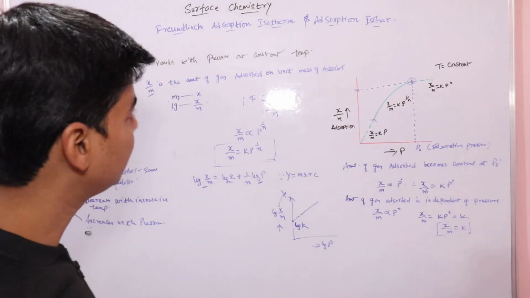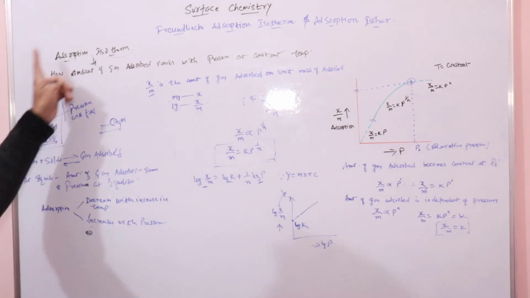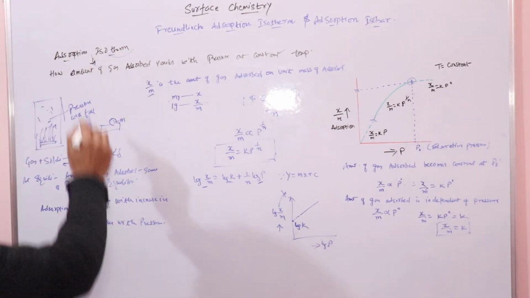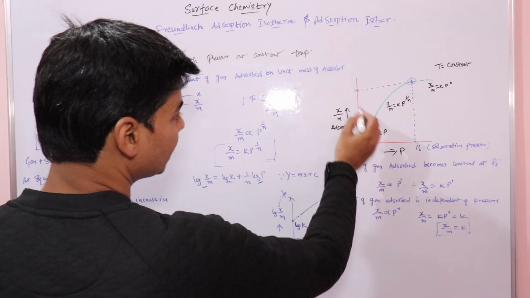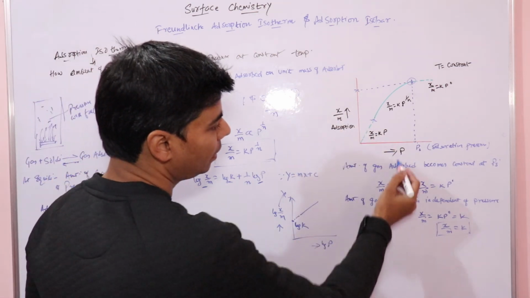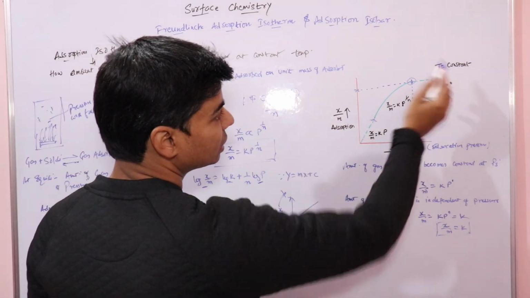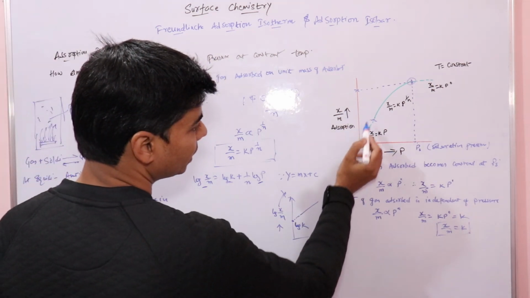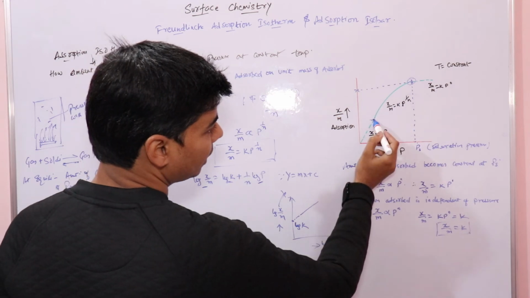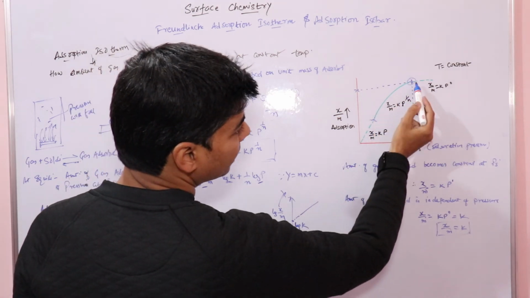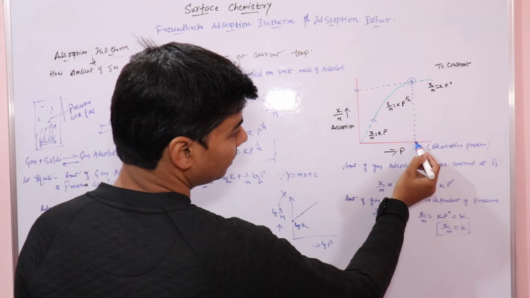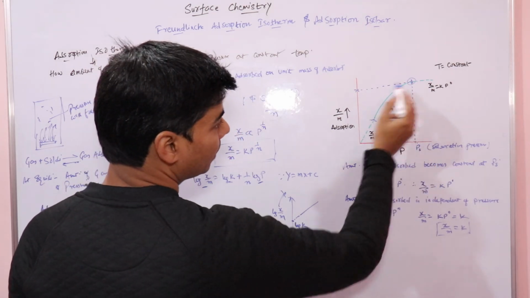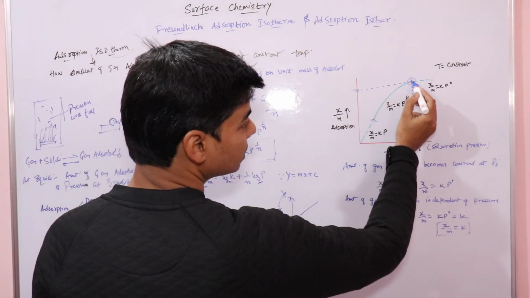I'll just repeat: an adsorption isotherm is a relationship between the amount of gas adsorbed on the adsorbent and the pressure P at constant temperature. Initially the amount of gas adsorbed increases with pressure, and then at a certain pressure Ps, the amount of gas adsorbed remains constant.